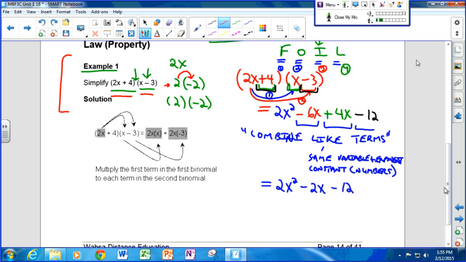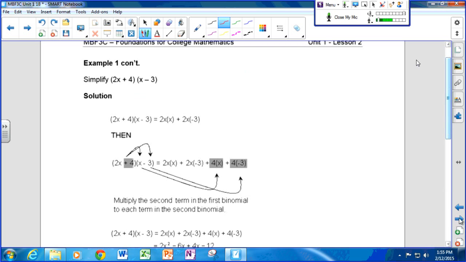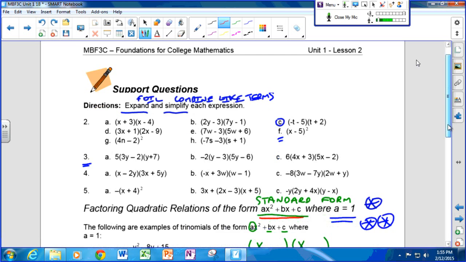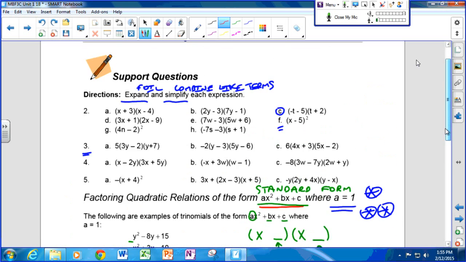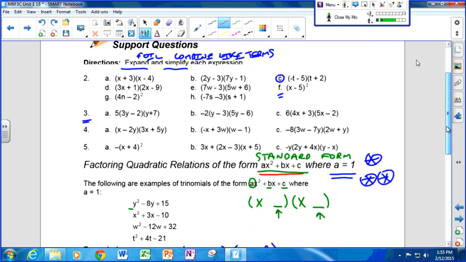Okay, when you take the next step in this class, you'll probably be dealing with trinomials and equations that have cubes and exponent 4s and stuff like that, and then there'll be more combining of like terms.